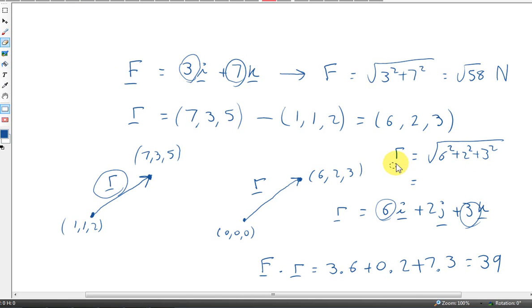Okay, this is the magnitude. So anyway, this works out to 7. Now this would be in meters. So assuming that we're using SI units, the work done is in newton meters. That's the unit, or joules. So force in newtons times distance in meters.